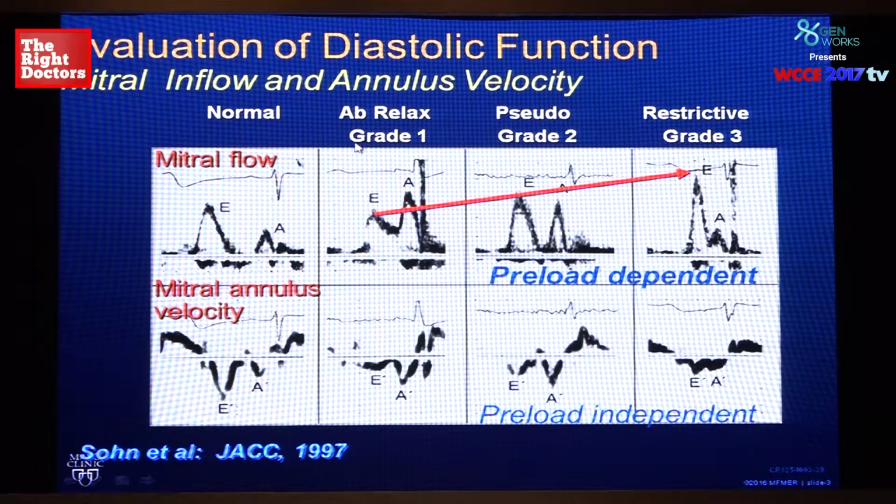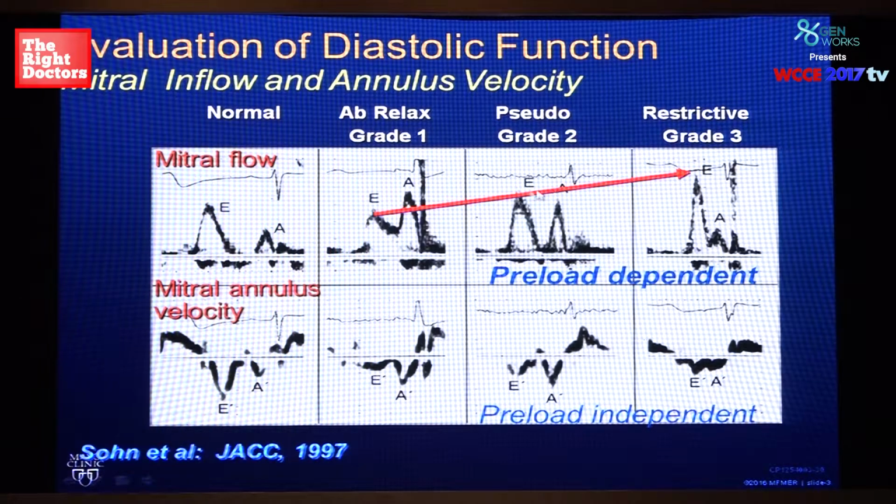But with the worsening of diastolic dysfunction, with the increased filling pressure, now the pressure crossover between the left atrium and the ventricle moves closer to the aortic valve closure with a higher pressure, so the E velocity increases again, and the A velocity is about halfway.